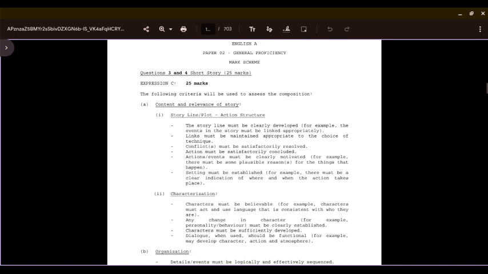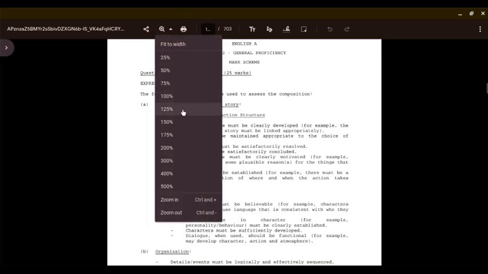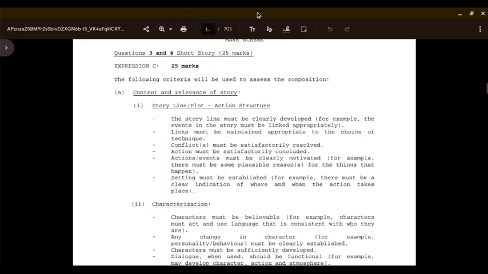But let's get into the criteria. So first off, we want to ensure that our story has content. So you see, content is still a part of this here, and content and relevance of a story. And when you say content and relevance, it's to the story idea, right? Story idea related to, sorry, related to whichever question you pick.